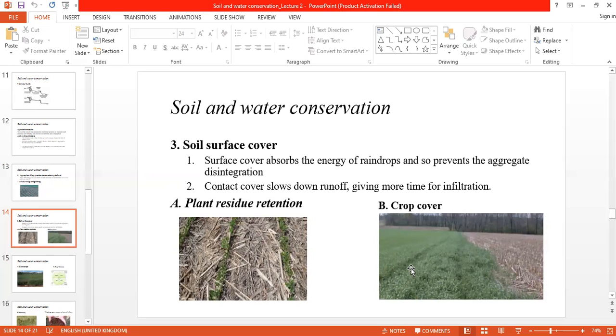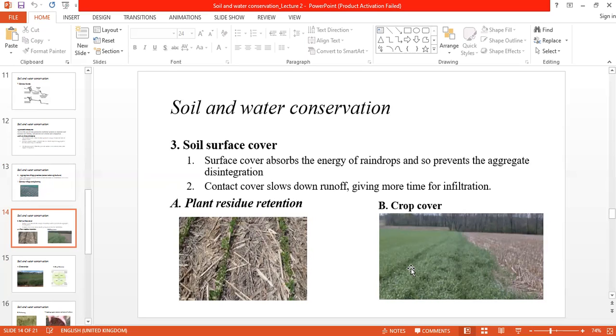In some cases, after harvesting, during the time that they are not planting, you put a crop to cover the ground.